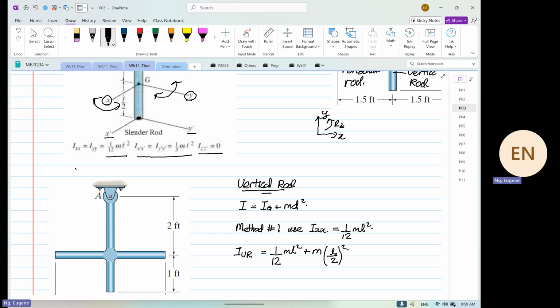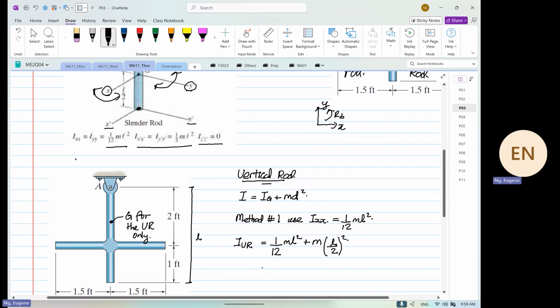Why is this equal to L/2? If this entire length is equal to L, then this is the G for the vertical rod only.